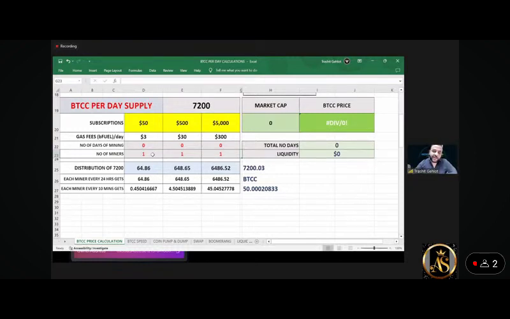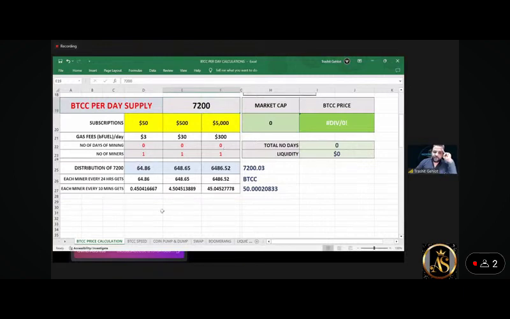And depending on the hash power, the supply is fixed at 7,200. Of this supply, this is distributed amongst all the miners depending on their hash power. So the $50 NFT has a hash power of 1 kilowatt, the $500 has 10 kilowatts, and the $5,000 NFT has almost 100 kilowatts, right? So depending on their hash power, this 7,200 is distributed amongst these three miners.